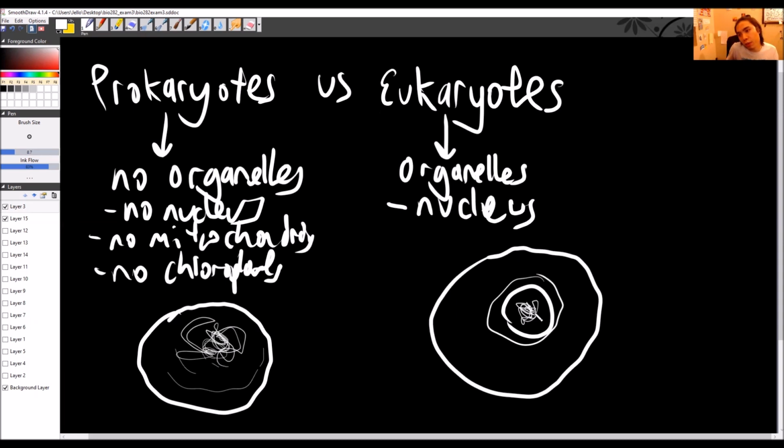And this has a number of effects. Eukaryotes are generally capable of greater levels of sophistication, and they can regulate their DNA more, they can modify their RNA, and that is the main difference that we're looking at. Eukaryotes have RNA modification.